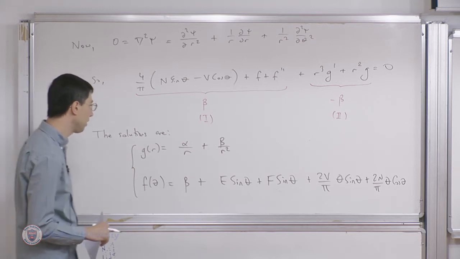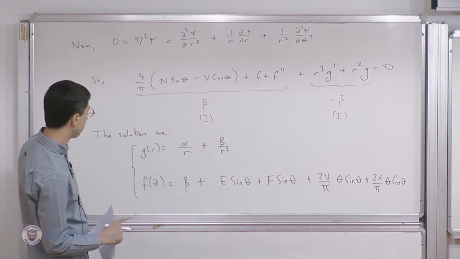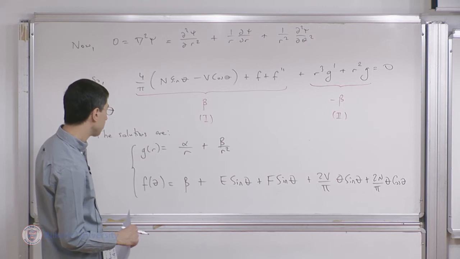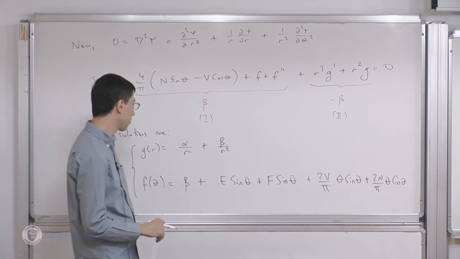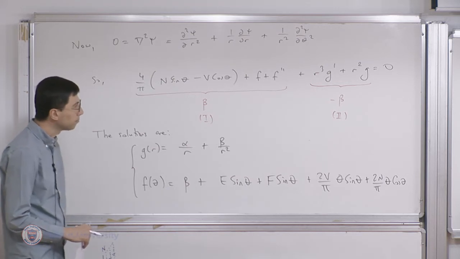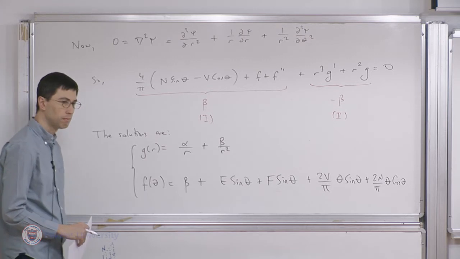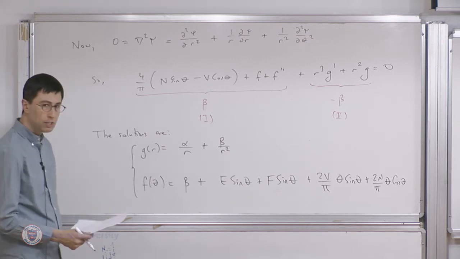Alpha, beta, e. Well, sorry, 4 free constants: alpha, beta, e, and f. Okay, so that's the solution.